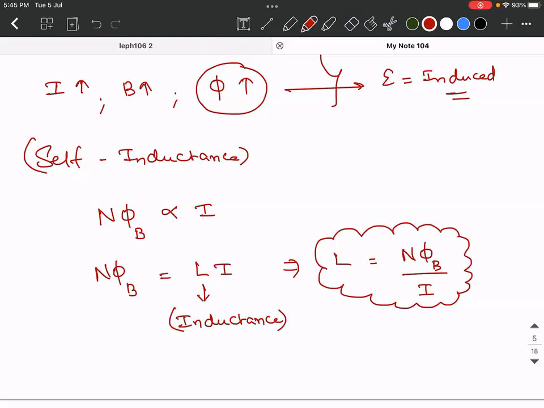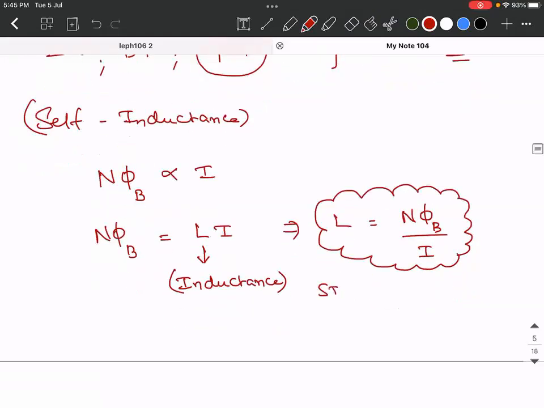So this is one of the mathematical expressions of inductance. Now, what is going to be the SI unit for it? So flux is measured in Weber. Flux is measured in Weber, and I is measured in ampere. So Weber per ampere is also called as Henry.